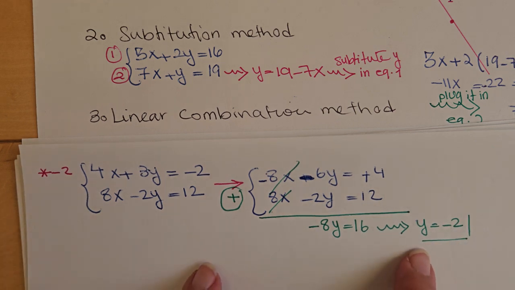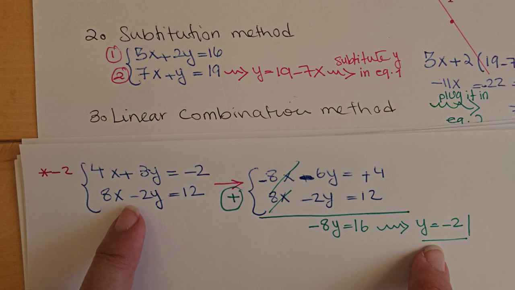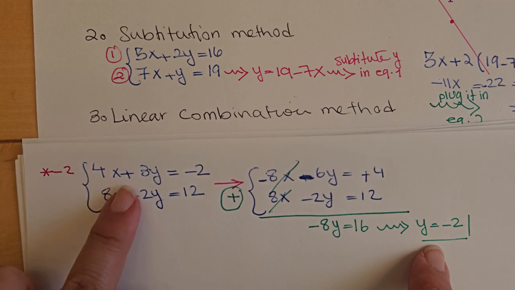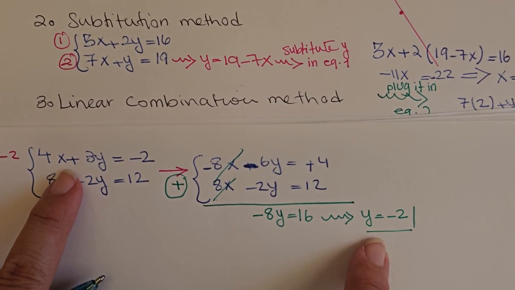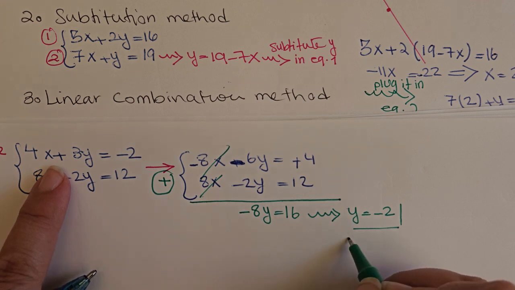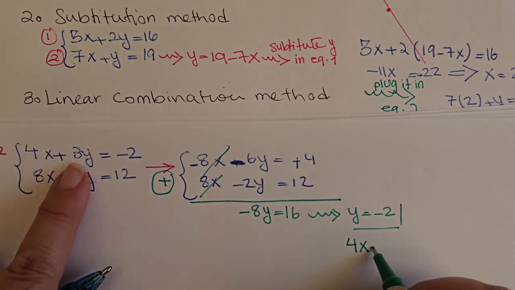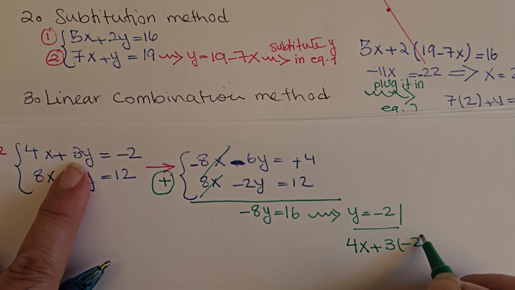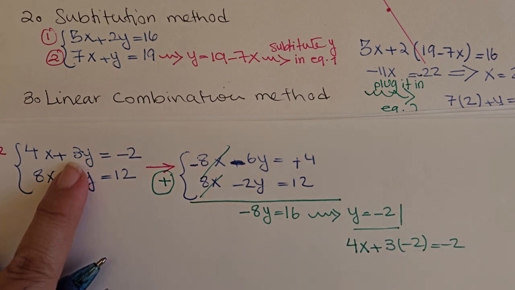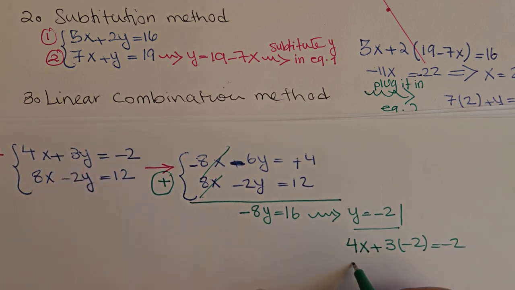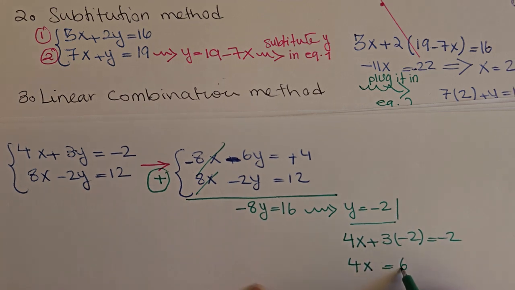What I can do here, I can plug it in into either of these and find the x coordinate. So this time I just plug it in the first one, so 4 times x plus 3 times y equals negative 2. This is a linear equation, so 4x minus 6, the 6 moves to the other side, the sign flips. That would be 6 minus 2, which is 4, so the x is 1.